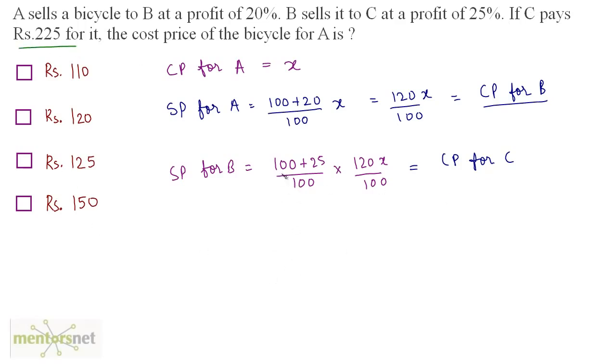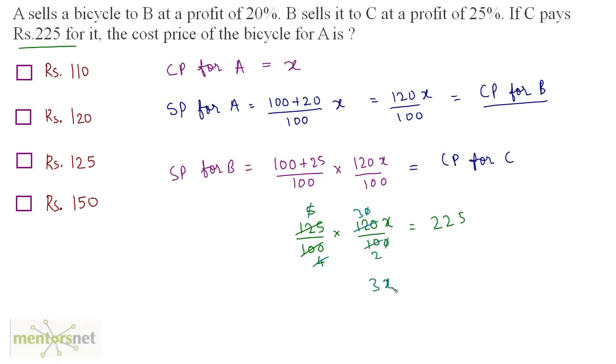So I can write this as 125 upon 100 times 120 X upon 100 is equal to 225, which C paid. Now 25 times 4 is 100, 25 times 5 is 125. Now 4 times 30 is 120. This 0 gets cancelled out. 5 times 2 is 10.